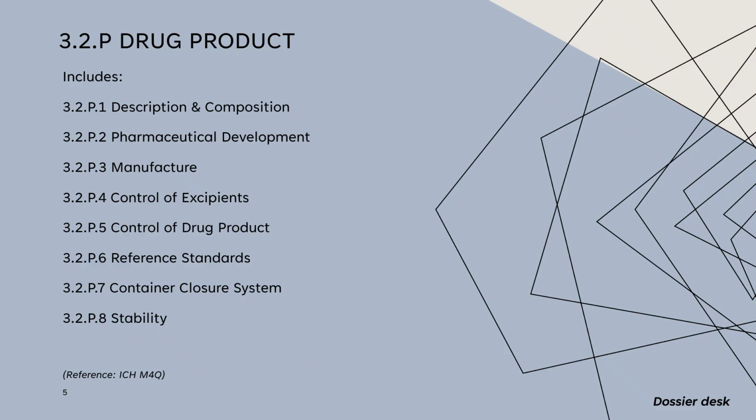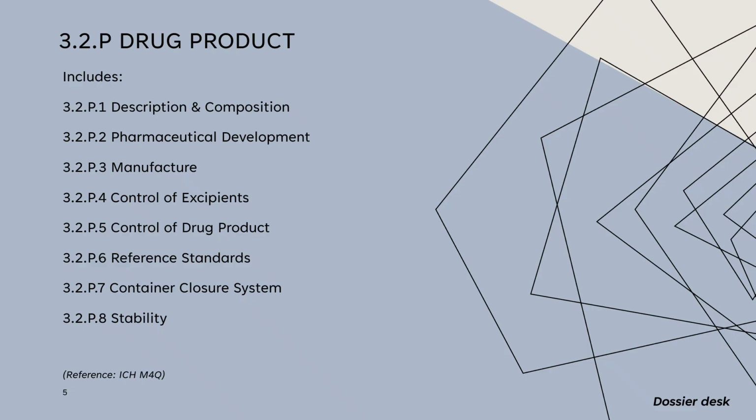Section 3.2.P provides comprehensive information on the finished drug product in accordance with ICH M4Q. Section 3.2.P.1 includes description and qualitative and quantitative composition of the formulation.